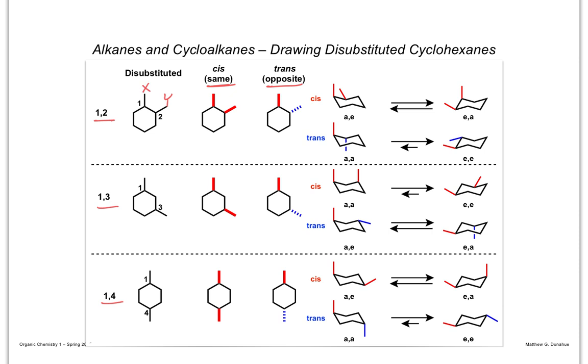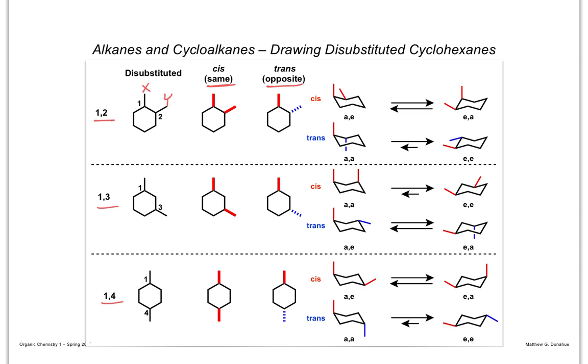So for example, in the cis one here, the 1,2, no matter what, you end up with a substituent that's axial. In the trans one, you have di-equatorial. So that would be favored over diaxial.